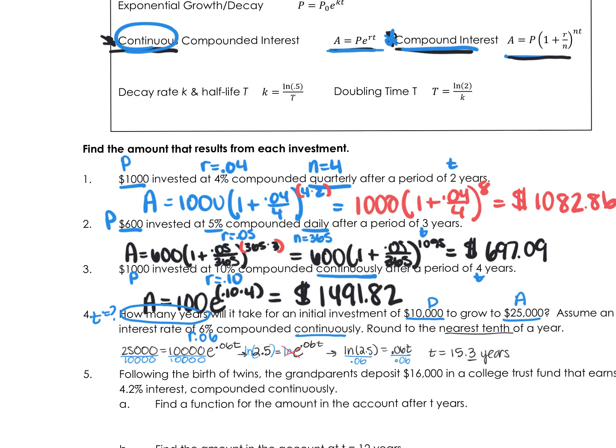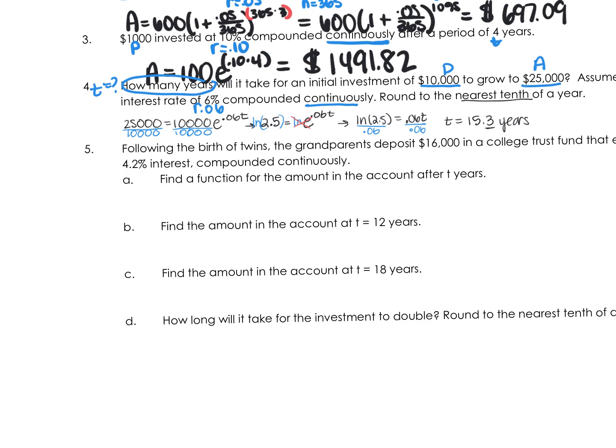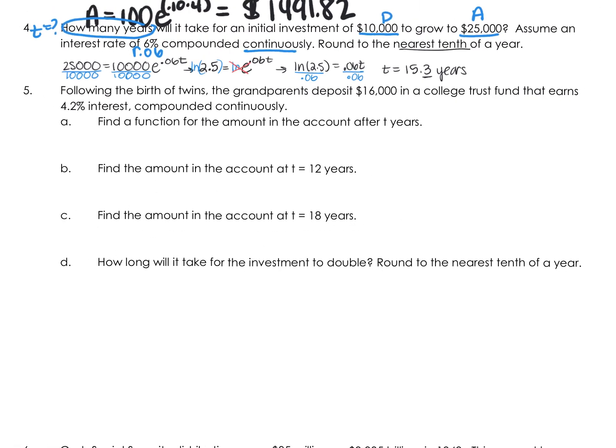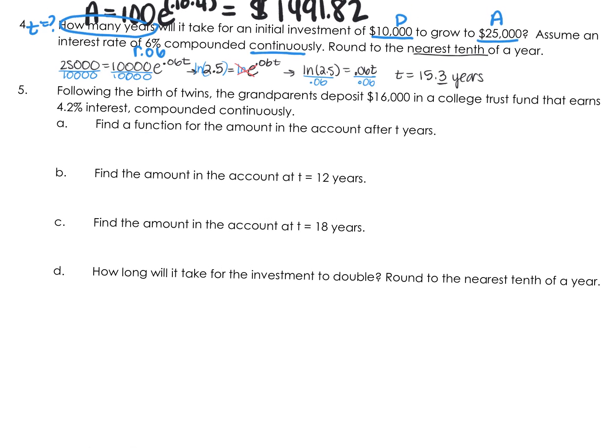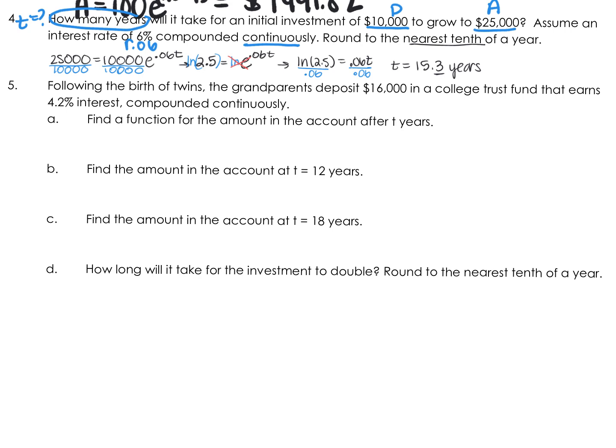All right, so now on to problem number 5. Again, a money problem, so we'll be using the same equations, and specifically this one says continuously, so we'll be using A is equal to P-E-R-T for this whole problem.